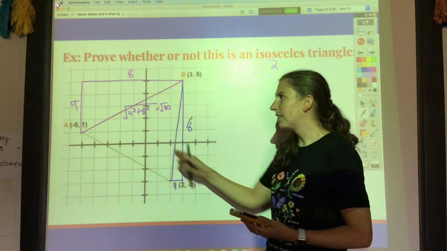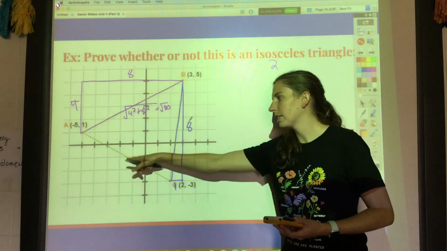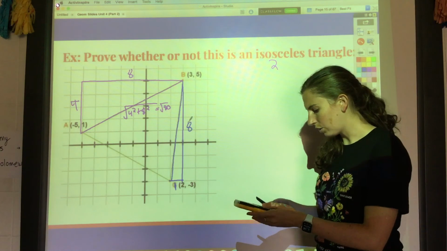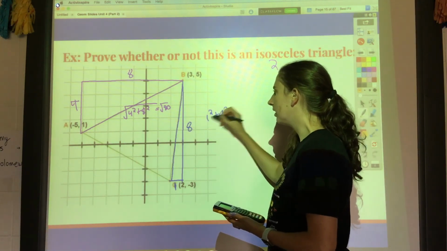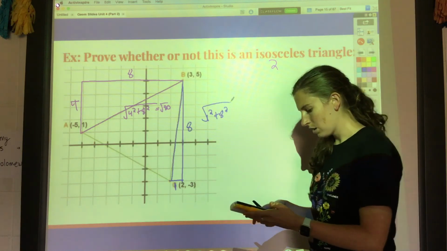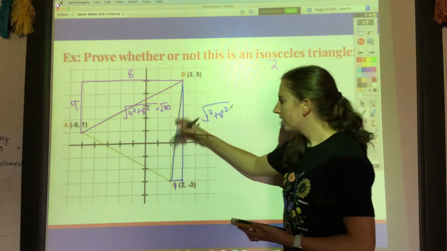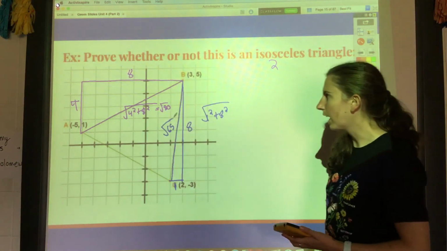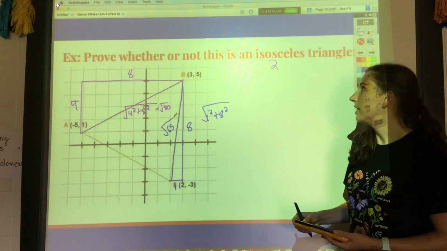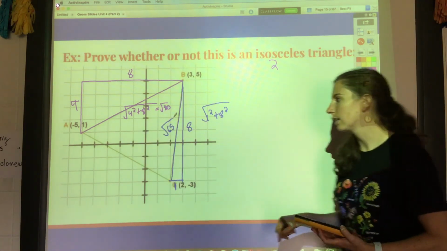It's pretty clearly not the same as that triangle because it was 4 by 8, this is 1 by 8, but it might be the same as this one, so we'll go ahead and do 1 squared plus 8 squared and then square root it. 1 squared plus 8 squared is 65, and so this side right here is the square root of 65. Okay, so far it's not isosceles, but if this one matches either of those, then it will be isosceles.